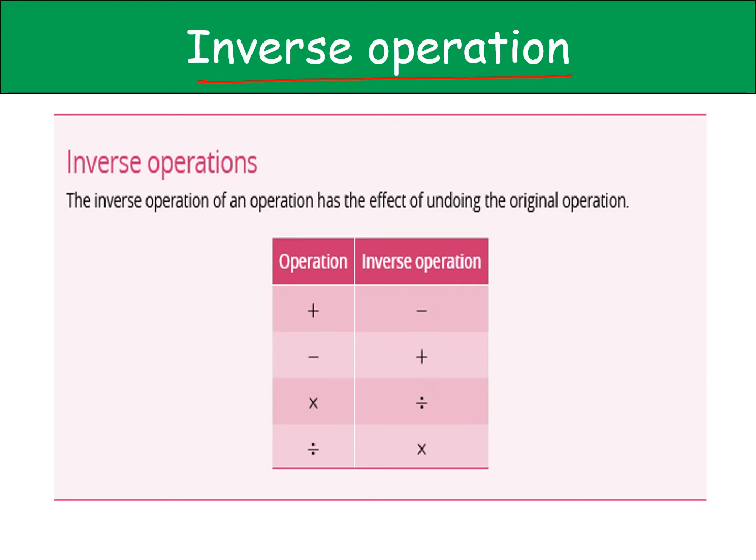If I'm adding, I need to subtract. If I'm subtracting, I need to add. If I am multiplying, I need to divide. If I'm dividing, I need to multiply. These are the inverse operations.